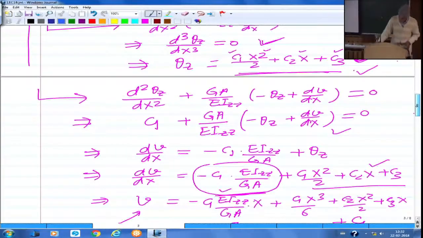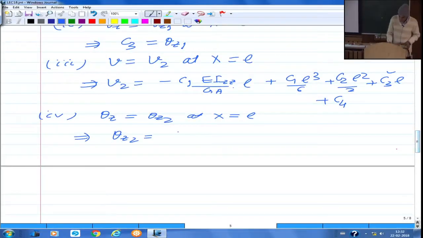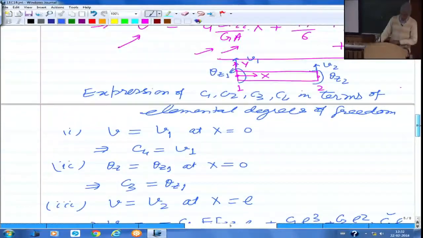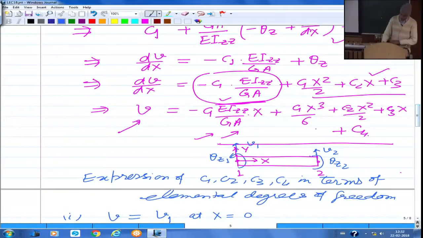C3, C4 you already got. Using these two equations you can find your C1 and C2, and once you get C1, C2 together with C3 and C4, you put the values of C1, C2, C3, C4 here. Similarly put the values here, collect the coefficients of V1, theta z1, V2, theta z2, and you will get your 4 shape functions.